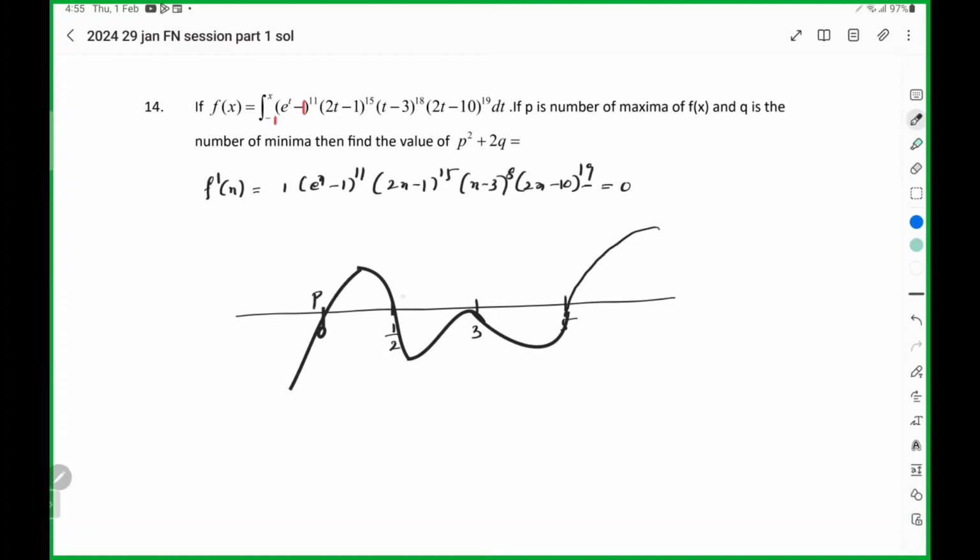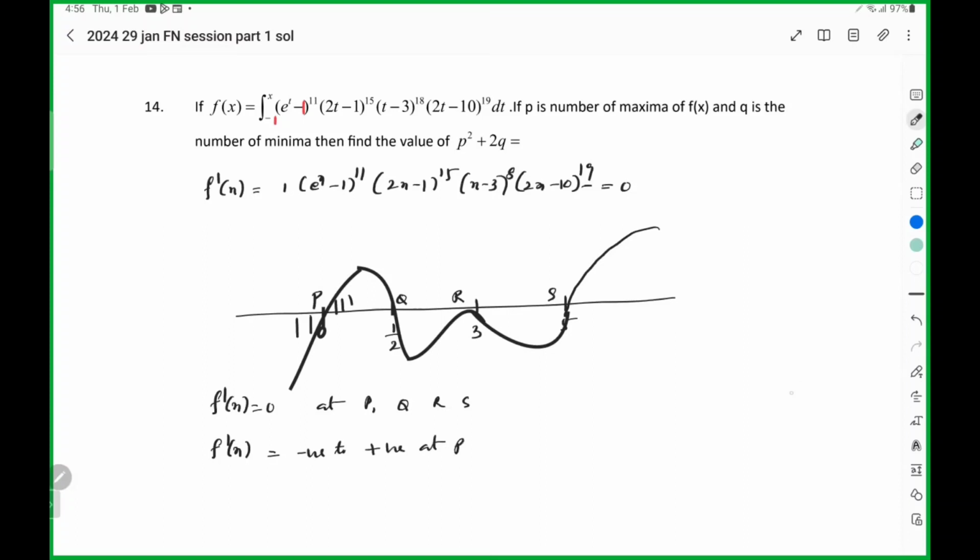So f dash x is 0 at p, q, r, s. At this point, for maximum or minimum, before p it is negative. So f dash x increases from negative to positive at p.